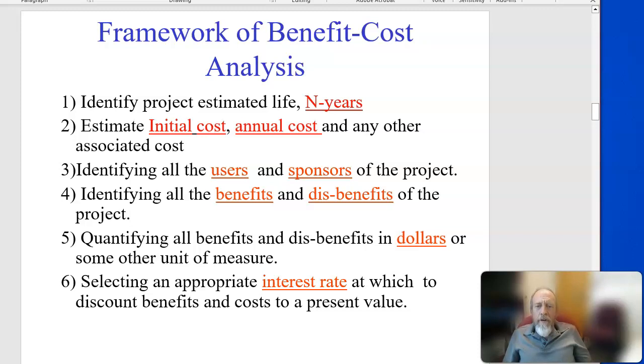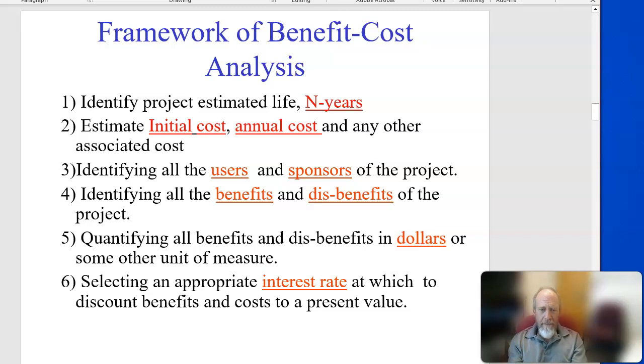You need to know who the stakeholders are, the users and the sponsors, and you need to be able to write down the benefits and what we call the disbenefits, those things that are not benefits but the exact opposite of the project. And you need to quantify those things.